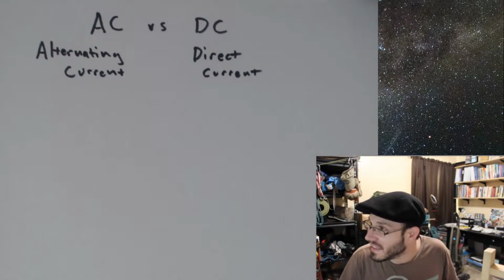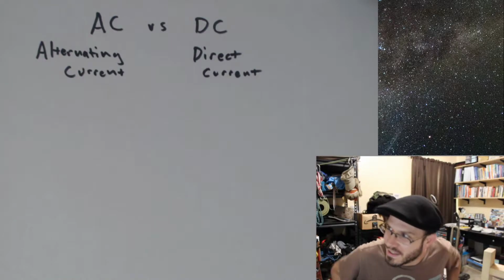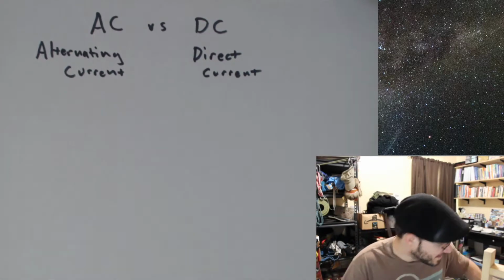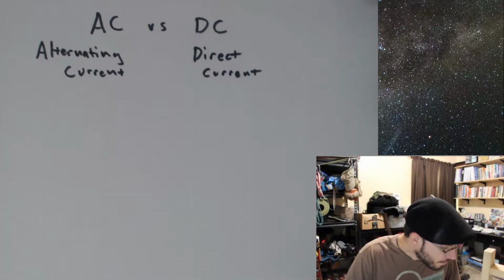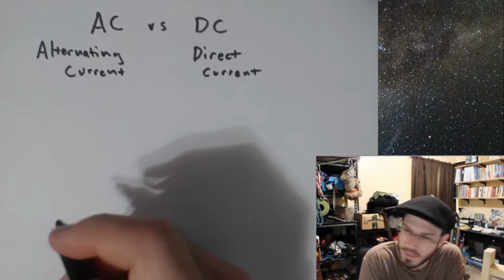And ultimately, Tesla won out with AC for a few practical reasons that I could get into later if anyone is interested. But direct current is what we've been dealing with this whole time.